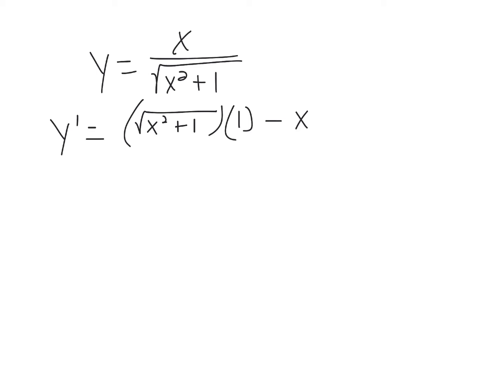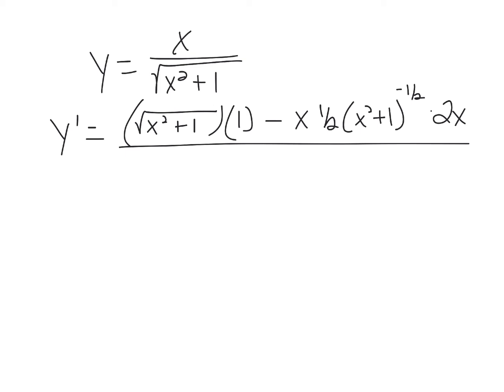Then the derivative of the square root of x squared plus 1 is where we have to use the chain rule. We bring that 1/2 up front, parenthesis, that x squared plus 1 stays the same, but we take 1 from the power, so it's 1/2 minus 1, which is negative 1/2, times the derivative, which is 2x.